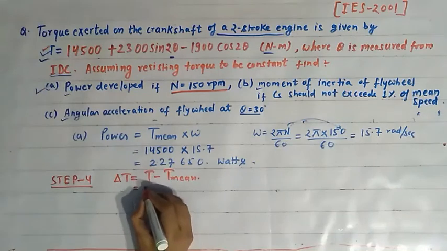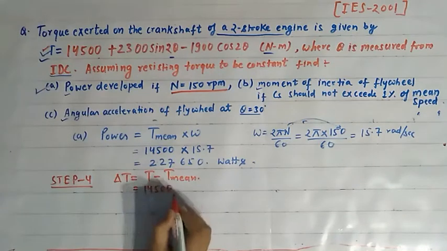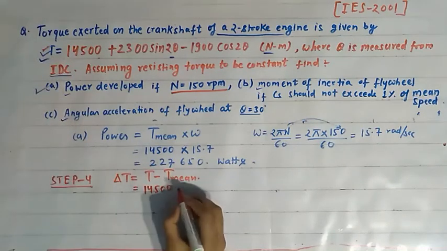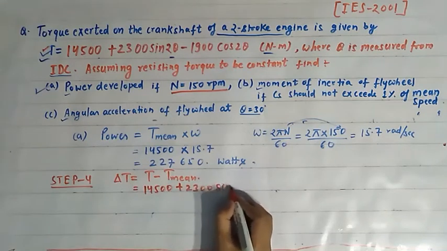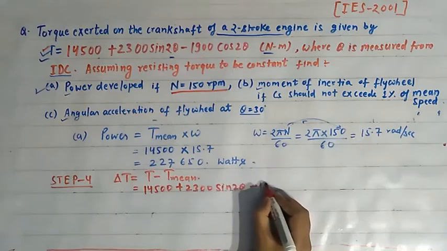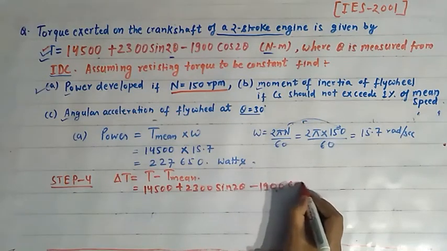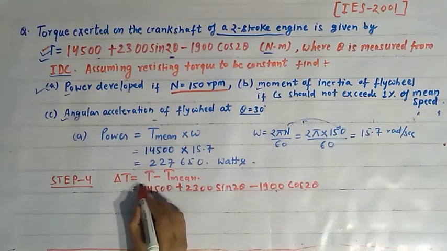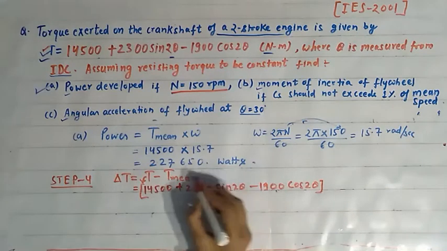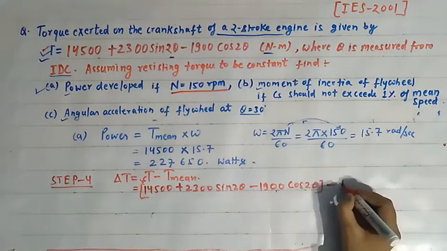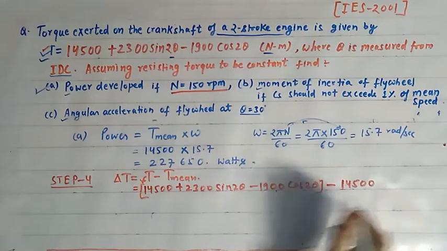The equation of torque is 14500 plus 2300 sine 2 theta minus 1900 cos 2 theta. Okay friend, this is the value of T. Now T mean was 14500.